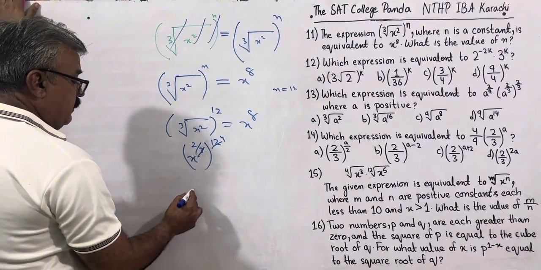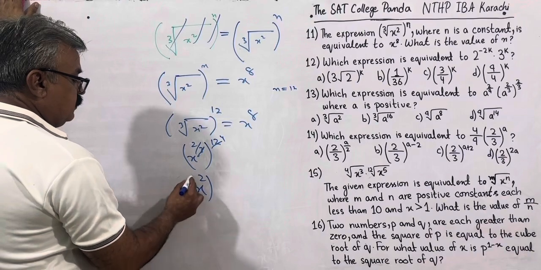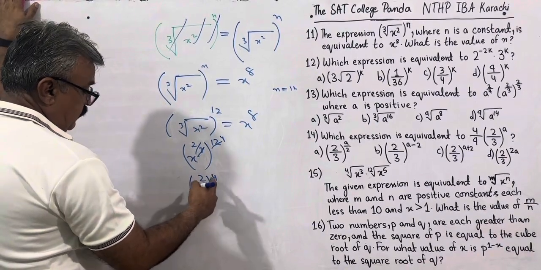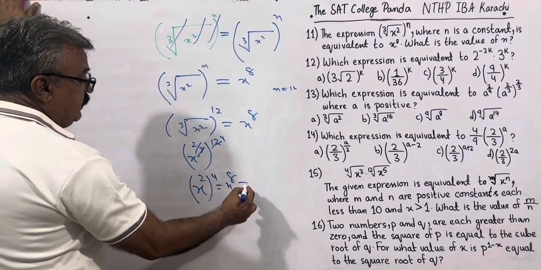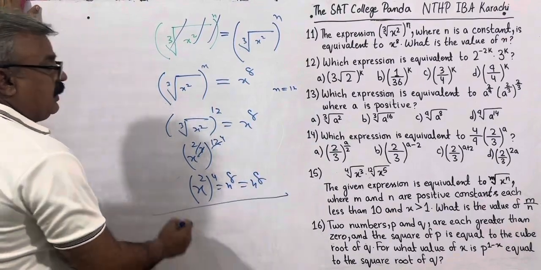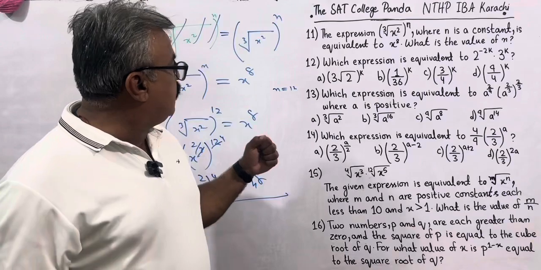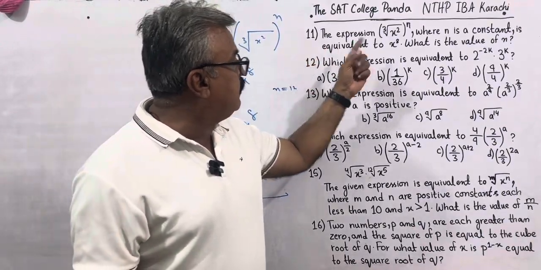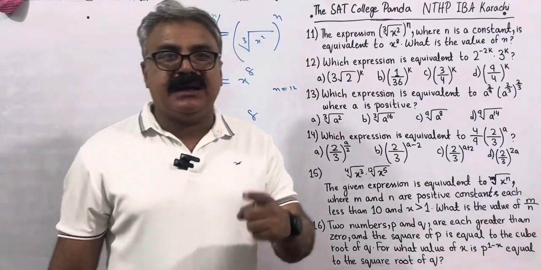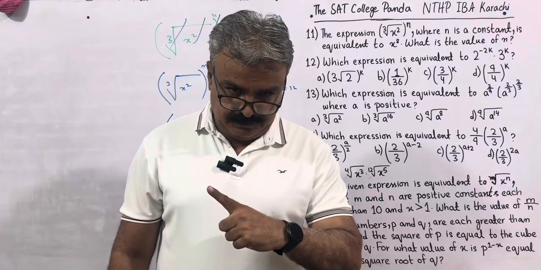Power having another power, multiply the powers: 12 over 3 is 4, x raised to 2 times 4 becomes x raised to 8, equal to x raised to 8 as required. So the value of n is 12 by applying a simple exponent rule. n is equal to 12 is our answer.